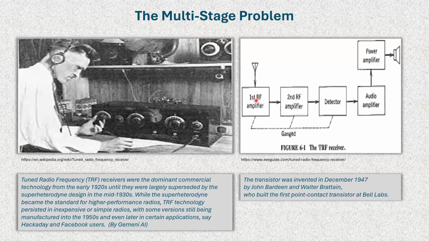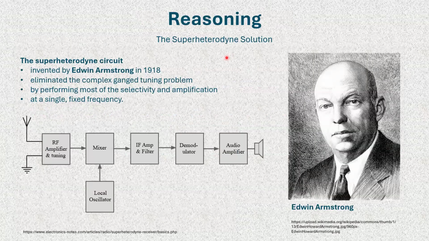That 1000 kilohertz reaches this stage, and the same 1000 kilohertz hits this stage, and the same 1000 kilohertz hits this stage. Those three separately have to be tuned to that carrier. Well, things have changed a bit with the superheterodyne, when the mixer, a frequency mixer, was invented.